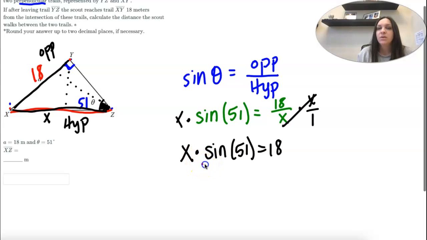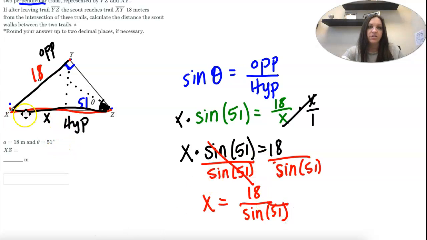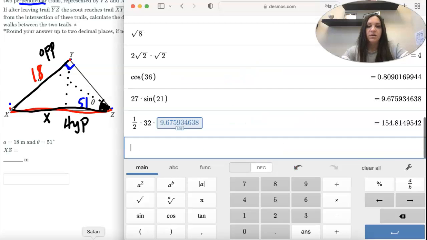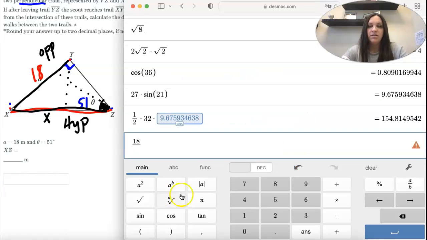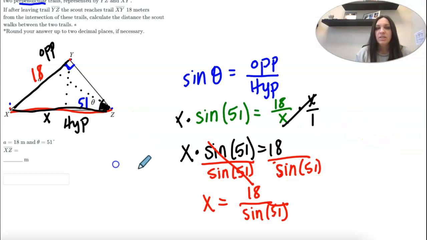So we're going to divide both sides by sine of 51. So x equals 18 divided by sine of 51. We're going to put that in our calculator, and that's our answer. That's XZ. So 18 divided by sine of 51. 23.16. That's x.